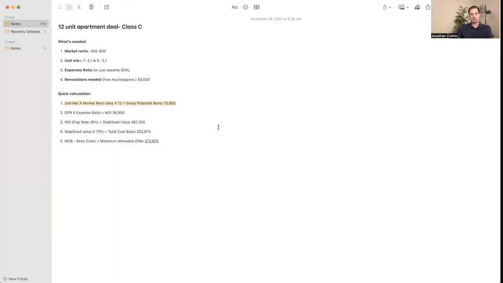So if you want to bring out your calculator, check this out. 7 times 450, that's 3,150, and 5 times 600 is 3,000. So plus 3,150, that's $6,150 per month in your market rents. Okay, and then times 12, that's $73,800.